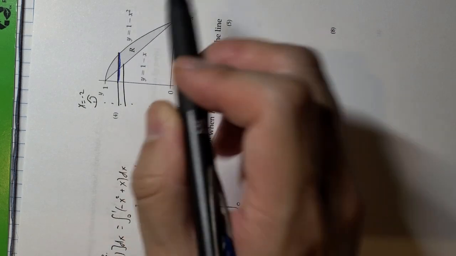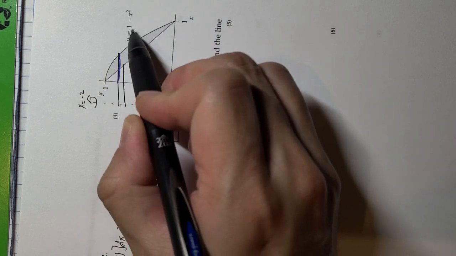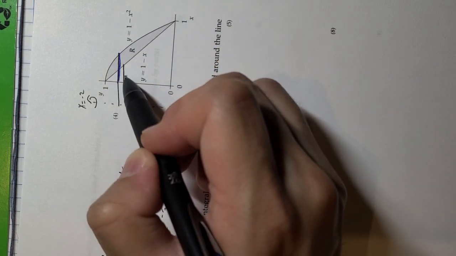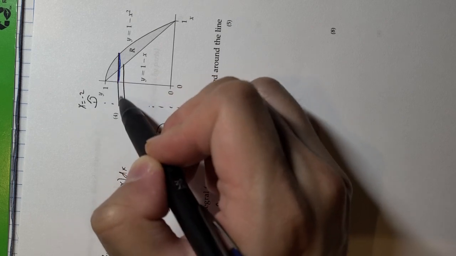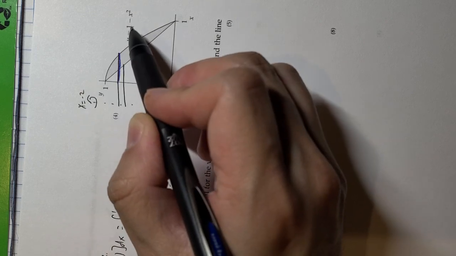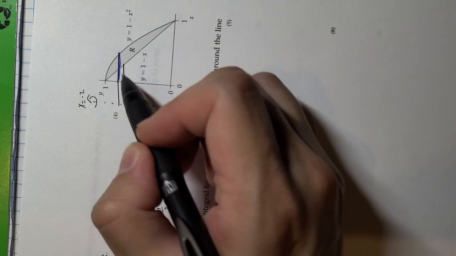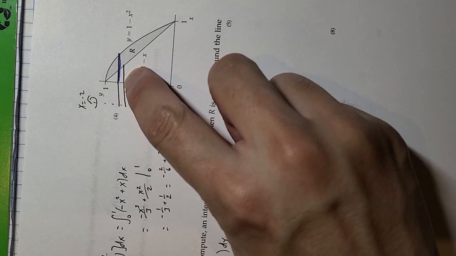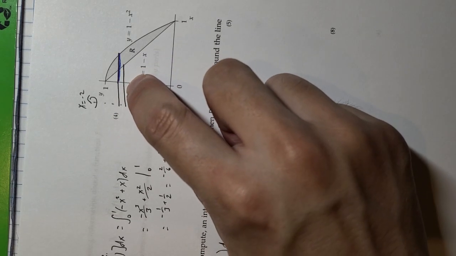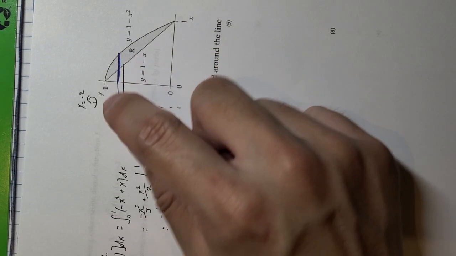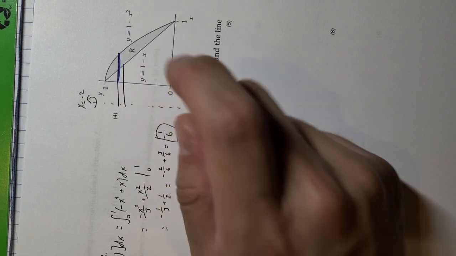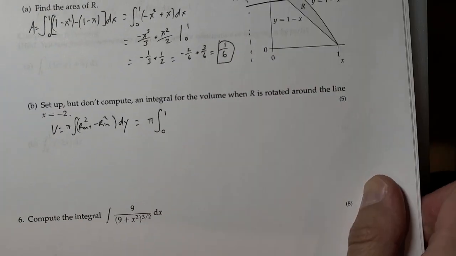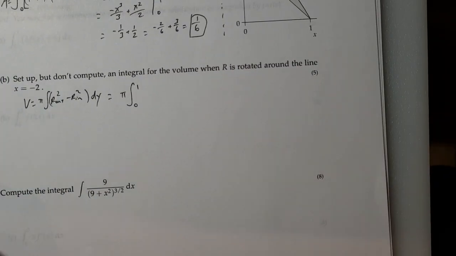We want it in terms of y, but let me explain. That's the length. We have this additional length of 2. So it's 2 plus 1 minus x squared. Similarly, over here, from this axis to this point, is 1 minus x. We have an extra length of 2, so it would be 2 plus 1 minus x. Hopefully you got that.